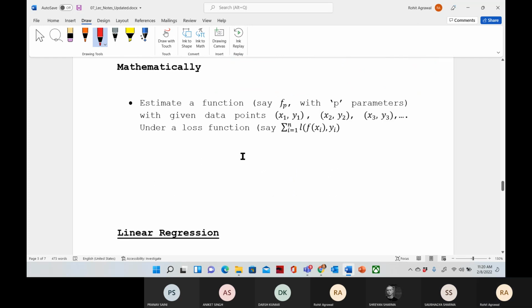See. So now what is the goal? We were having some data points. Suppose we are considering only one feature right now.